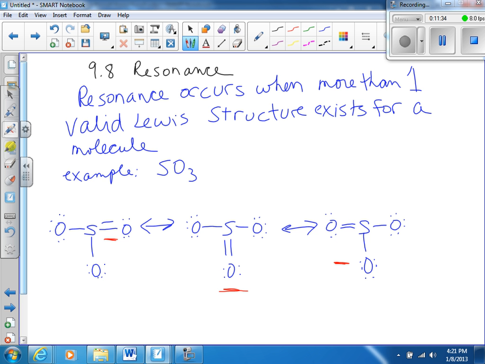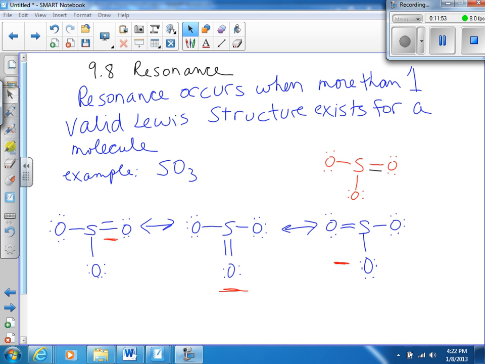Literally, that double bond can move from one place to another. So when I have SO3, it's really almost as though I've got a bond that literally moves.